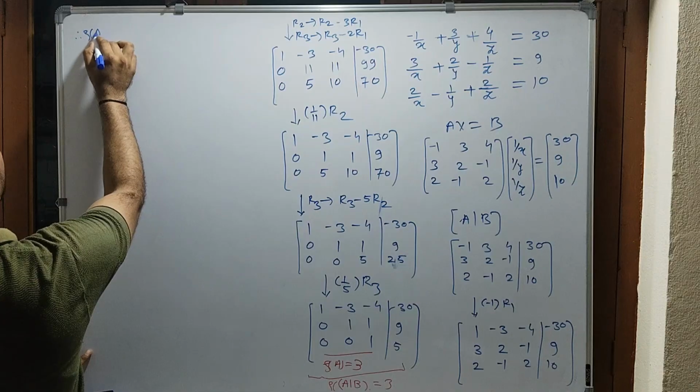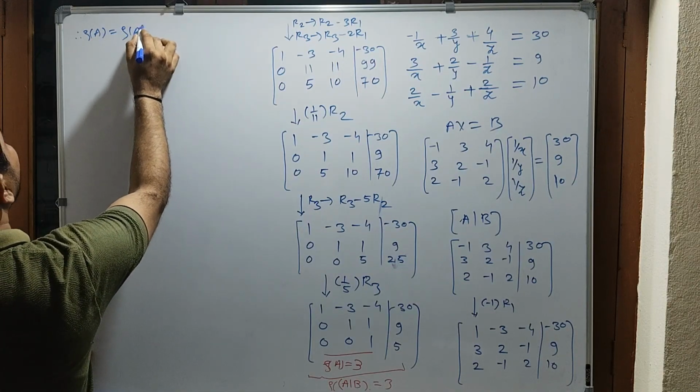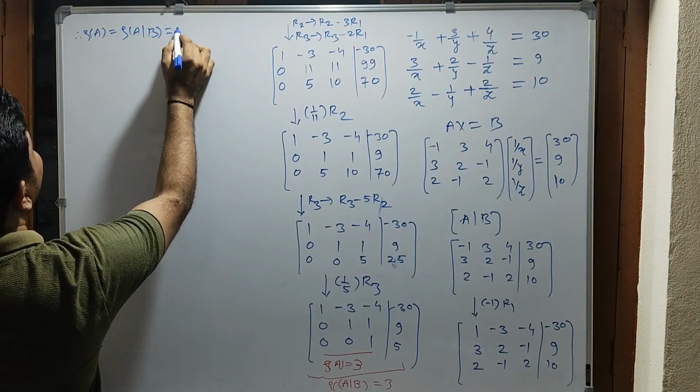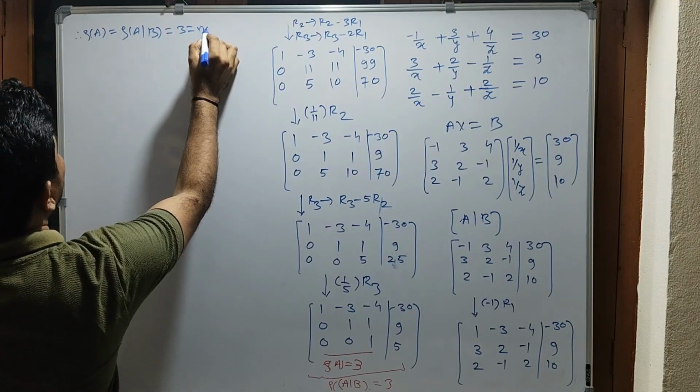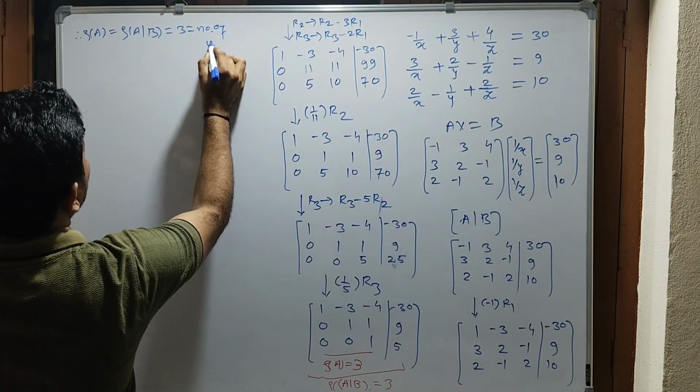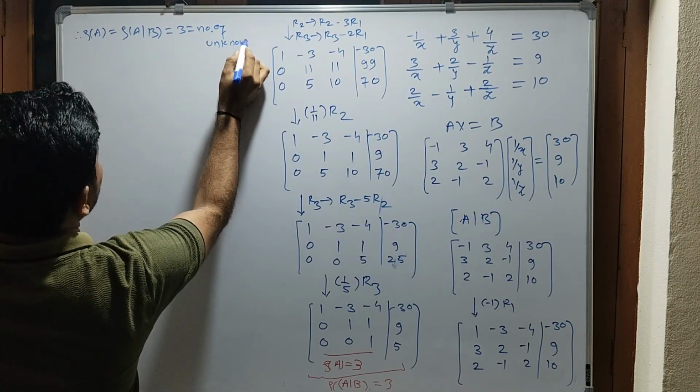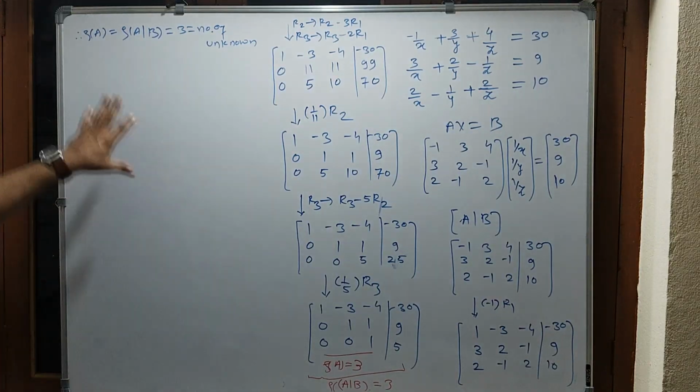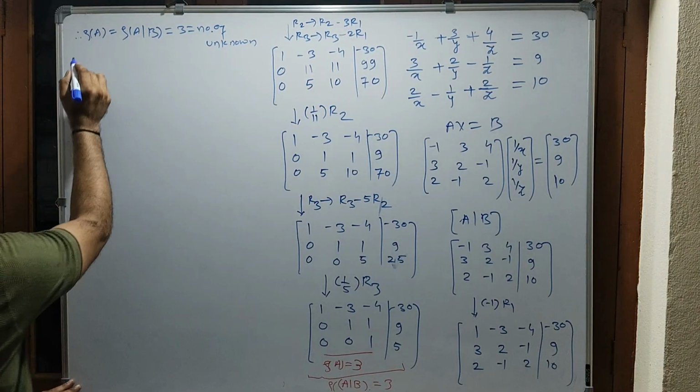Therefore rank of A is same as rank of the augmented matrix, which is 3, equal to the number of unknowns. So in this case my system has a unique solution.